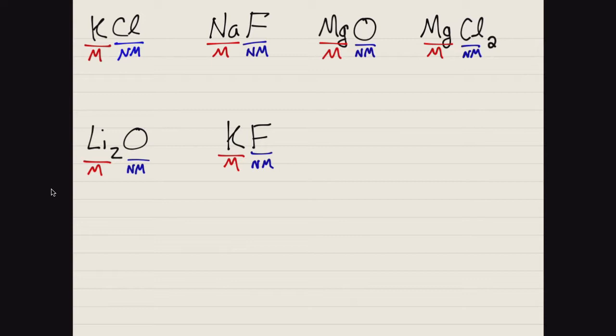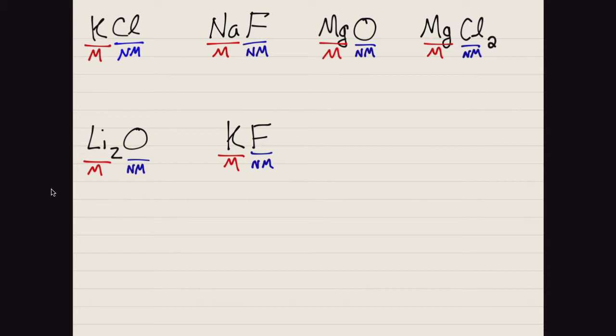All right, so this is what we're working with. Potassium chloride, sodium fluoride, magnesium oxide, magnesium chloride, lithium oxide, potassium fluoride. These are the six substances I've put up on the board. We even name them the metal first. Listen carefully one more time. Potassium chloride, potassium was named first.